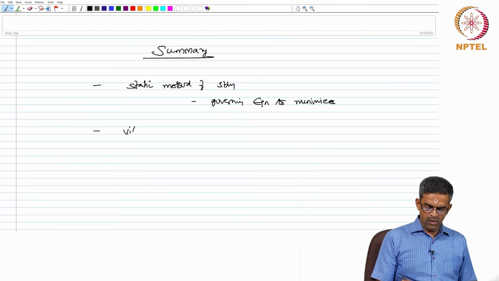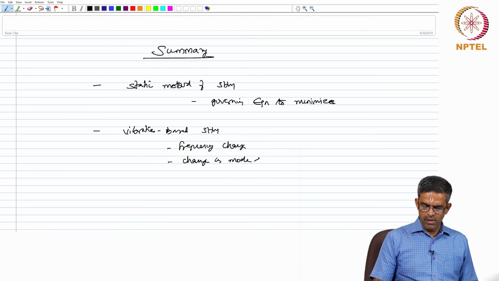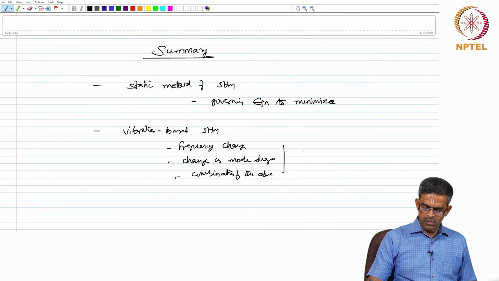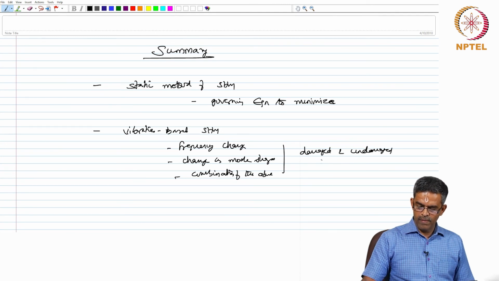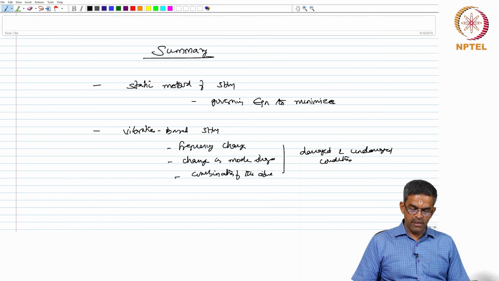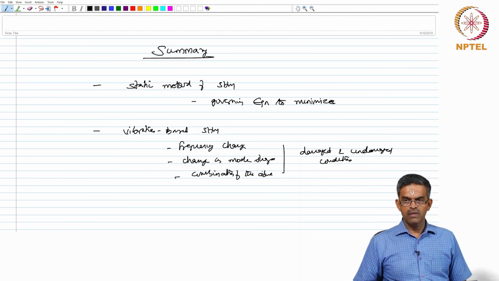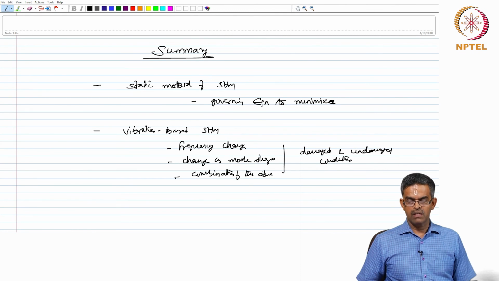We also learnt about vibration based structural health monitoring, how the frequency change, the change in mode shape, and the combination of these two, between the damaged and undamaged case, is helpful in estimating the vibration based characteristics, or deviations of vibration characteristics, in the structure caused because of damage. Thank you very much.